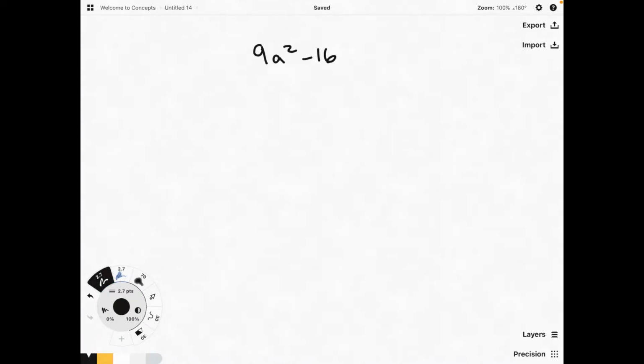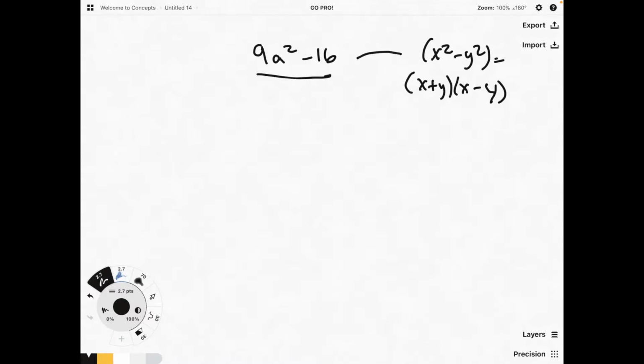Okay, so we look at our first example. We have 9a squared minus 16. So if we look at our rule for the difference of squares, we know that if we get x squared minus y squared, that's going to factor down into x plus y, x minus y. So what we're trying to do is get this equation into this form. And so we see that 9 and a squared are both perfect squares.